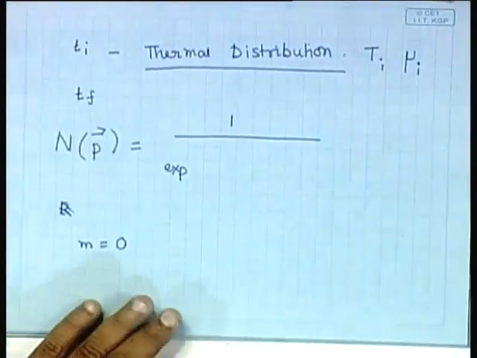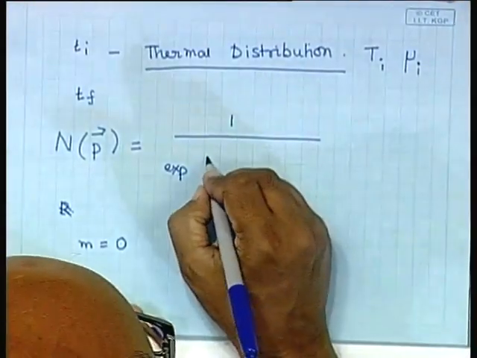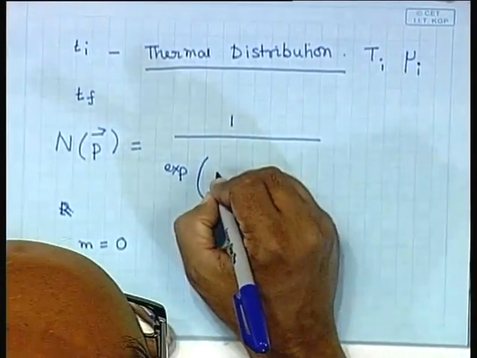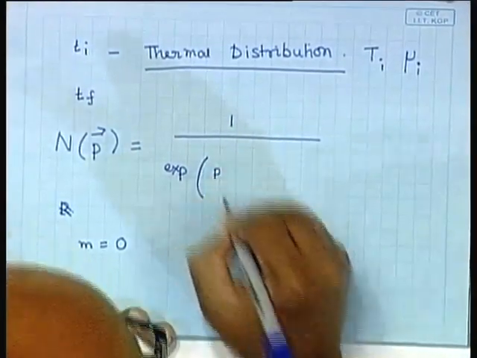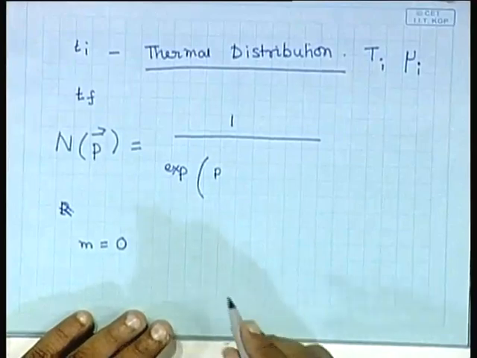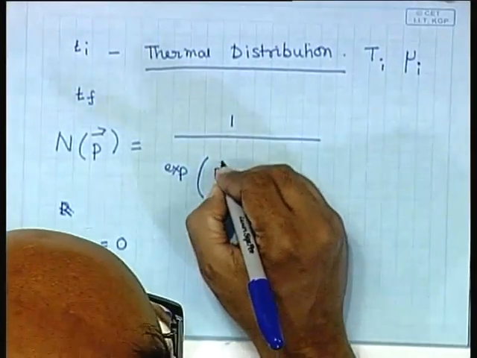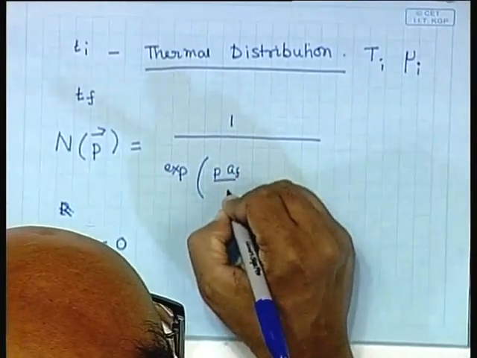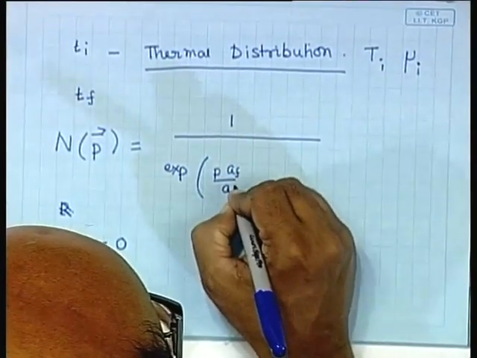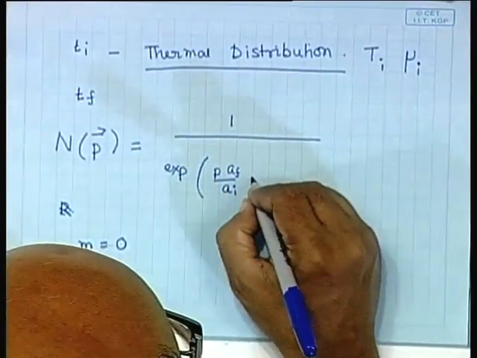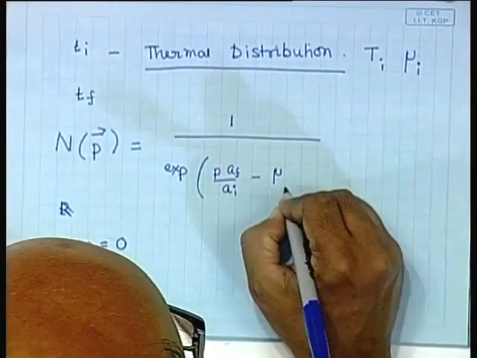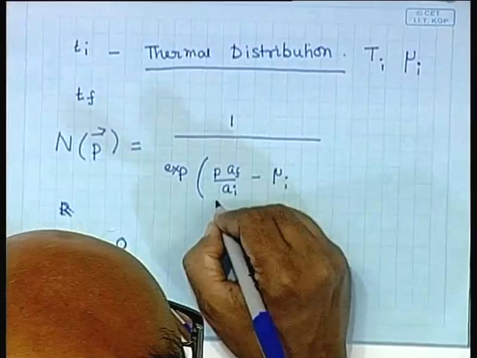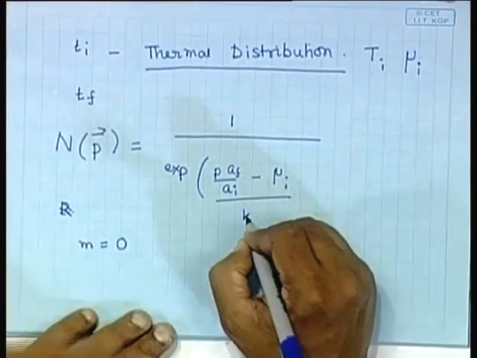So, I have exponential, instead of p now I will have p into AF by AI, minus mu initial, by kB.